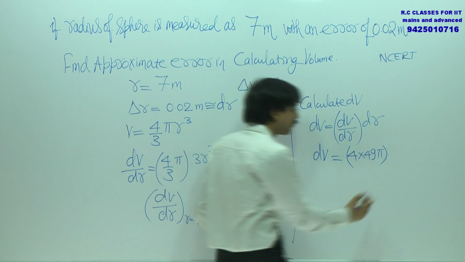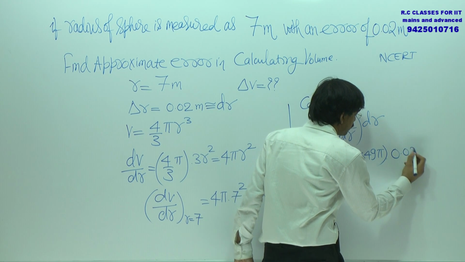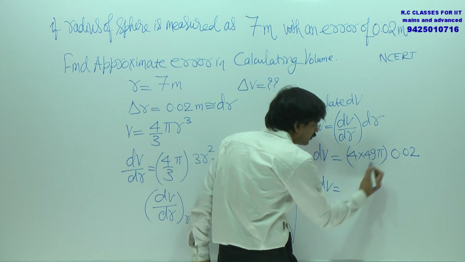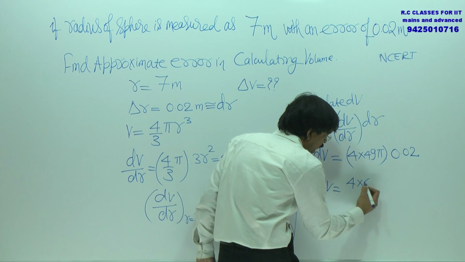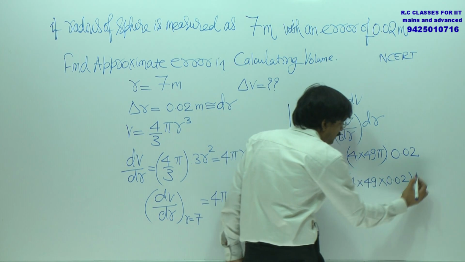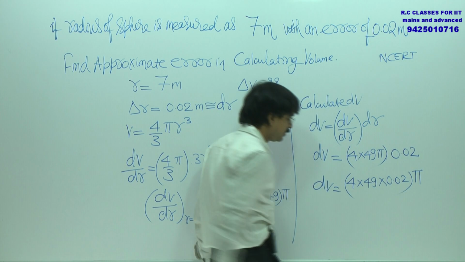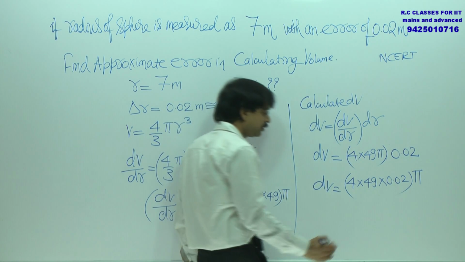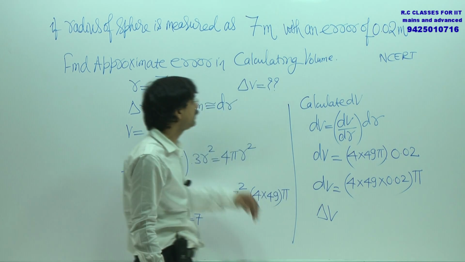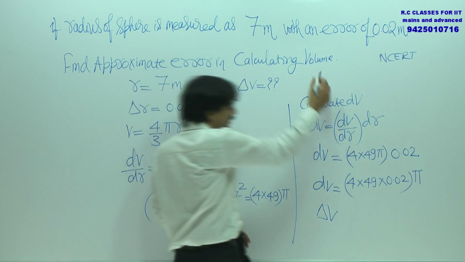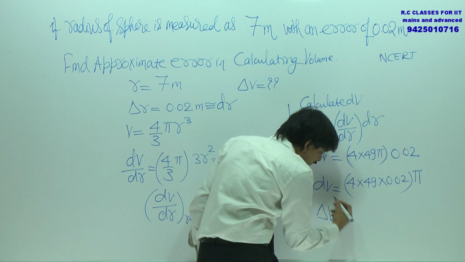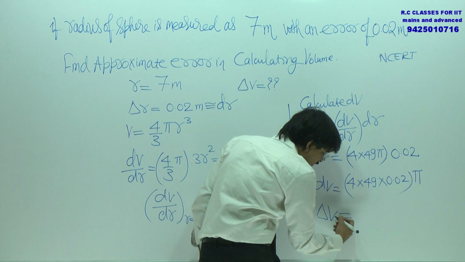So that dV is equal to, clearly in terms of meter cube. So that is dV, that's what we have calculated, and we want the approximate error in calculating the volume, that is delta V, which is equal to this, because dV is clearly equivalent to this delta V.